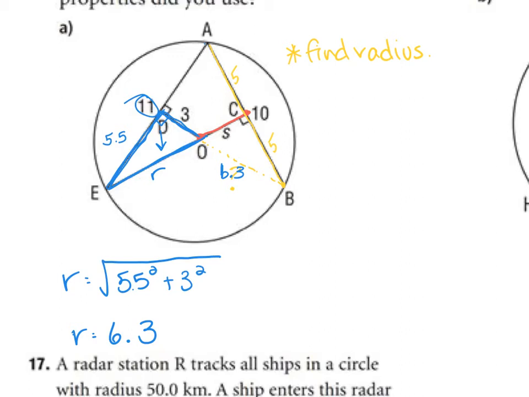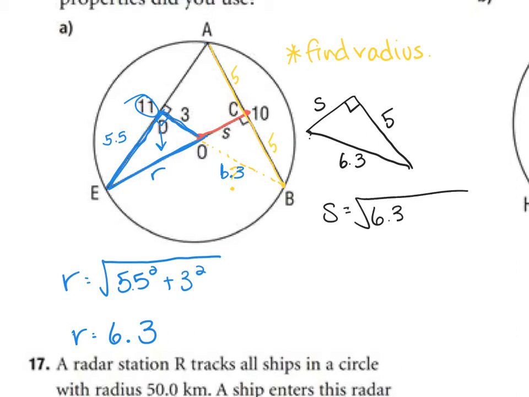Now I have a triangle that involves that side S. And I'll sketch it over here, so it looks something like that. There's my 90-degree angle. I know this side is 5. I know this is 6.3. And this is the missing side that I'm trying to find. So now I can use the Pythagorean theorem. So S is going to be equal to the square root of 6.3 squared minus 5 squared.